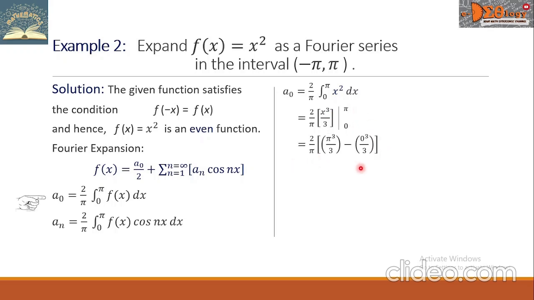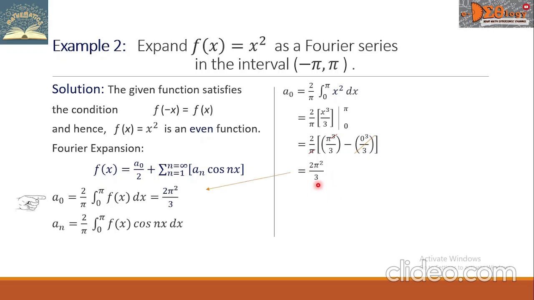We have now the two groups, pi cubed over 3 minus 0 cubed over 3. We can cancel this pi in the denominator with a pi cubed in the numerator. So final answer, we have now this 2 pi squared over 3. This is our a sub 0.